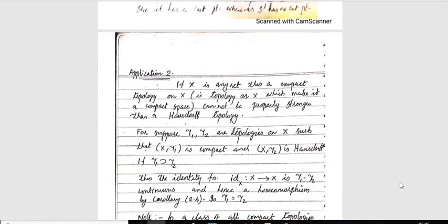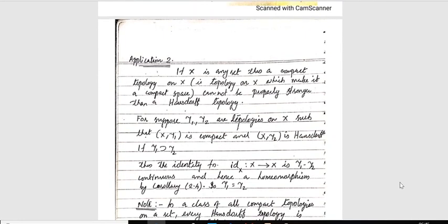Now, the second application: if X is any set, a compact topology on X, that is a topology on X which makes it a compact space, cannot be properly stronger than a Hausdorff topology. For this, suppose tau1 and tau2 are topologies on X such that (X, tau1) is compact and (X, tau2) is Hausdorff.